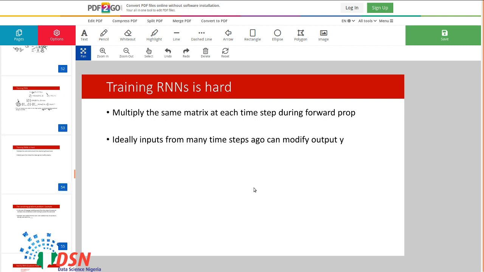Because we multiply the same matrix at each time step during forward propagation, based on the eigenvalues of this matrix, we could have a vanishing gradient problem or an exploding gradient problem.